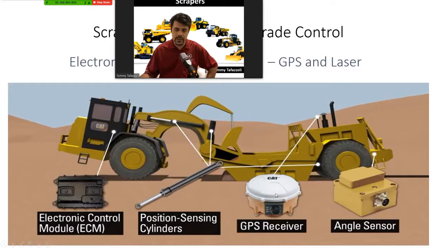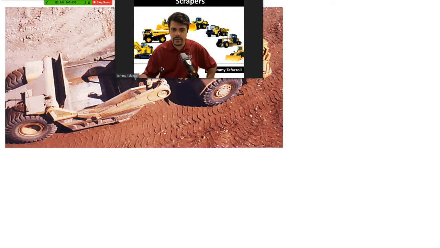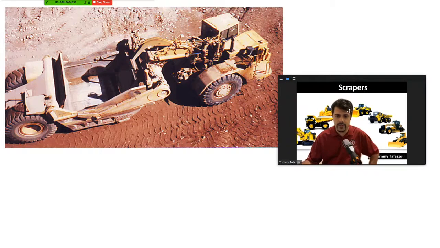The location of the machine is precisely controlled by being tracked by the GPS receiver, and the angle sensor is put there. Using all of them, you could control the movement of a scraper with a lot of precision.